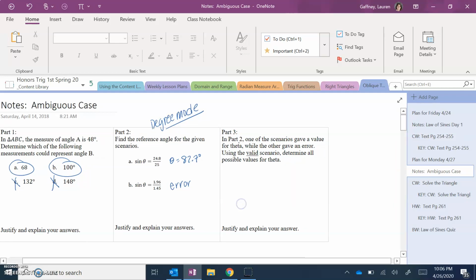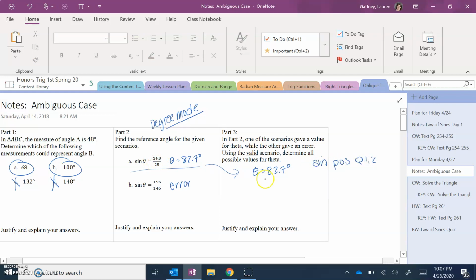Now, from part two, we want to use the scenario that worked. It says one of the scenarios gave a value for theta while the other gave an error. Using the valid scenario, so A, determine all possible values of theta. A lot of times kids say, well, we did 82.7 degrees. But be careful. Sine comes out to a positive ratio in which two quadrants?